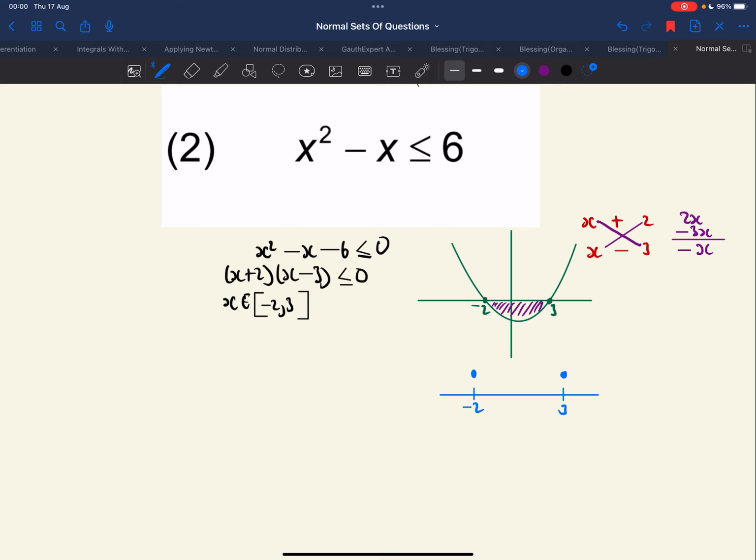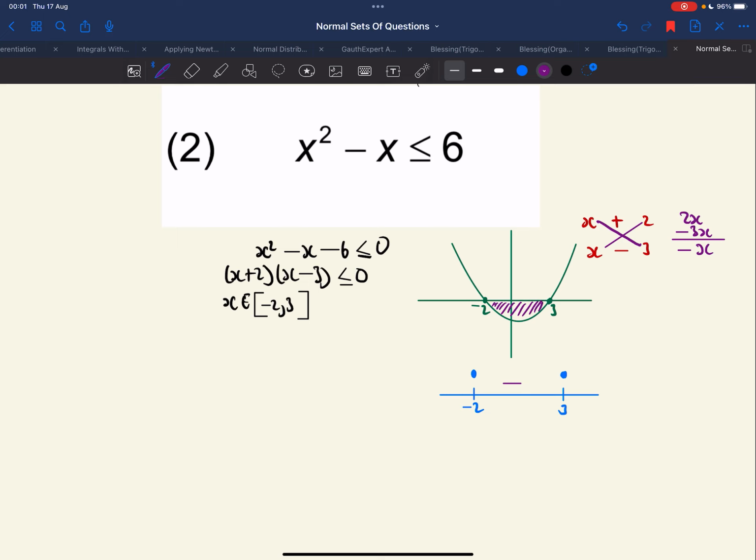And then what we're going to do now is just use simple calculator methods. If we substitute any value between -2 and 3 into this expression, let's just say 0, we're going to get a negative answer, because the answer that we get is -6.